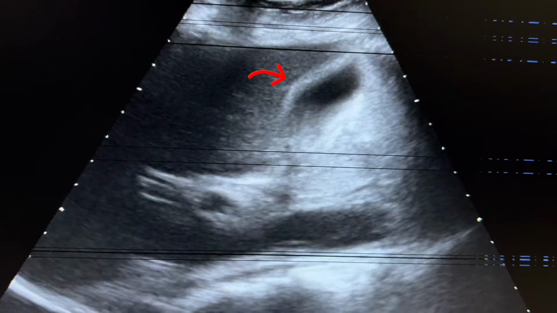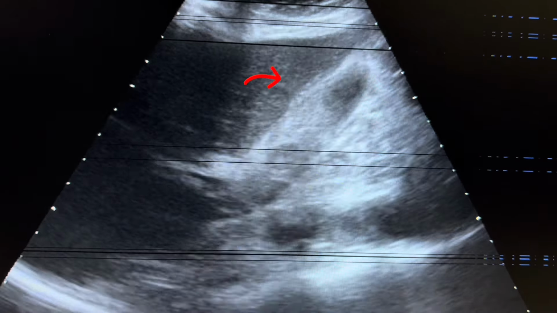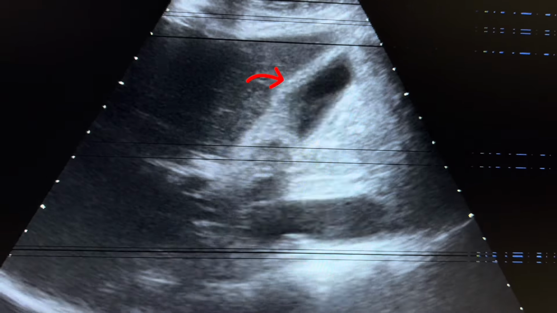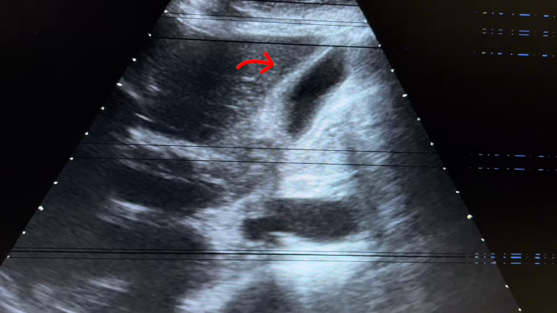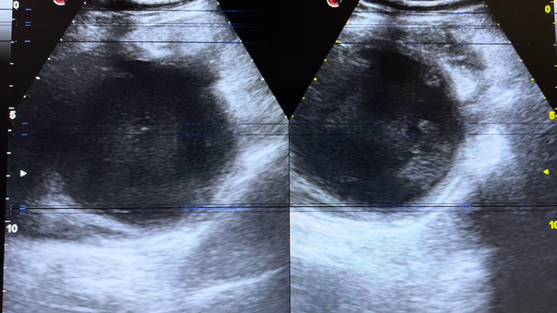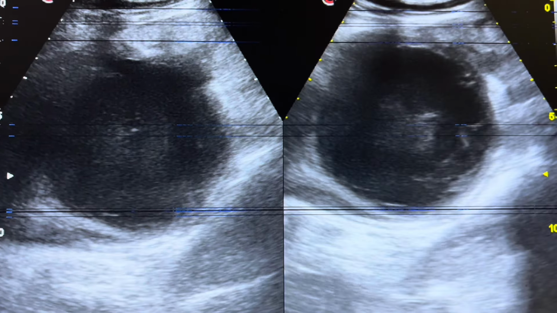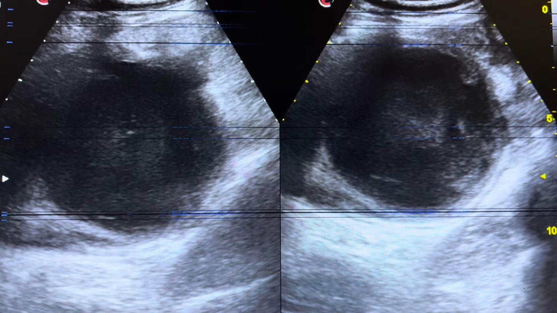Now we will scan the gallbladder, which is partially contracted and no mass lesion is present. Now we will measure the volume of this lesion.